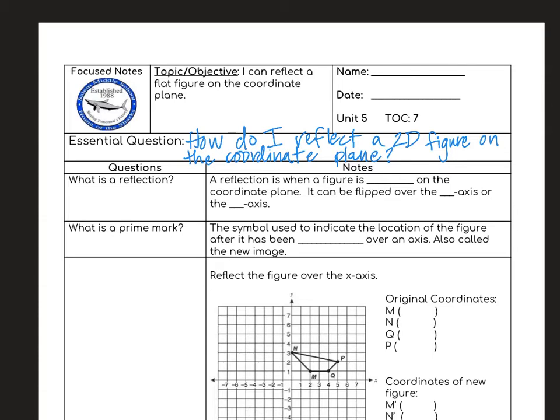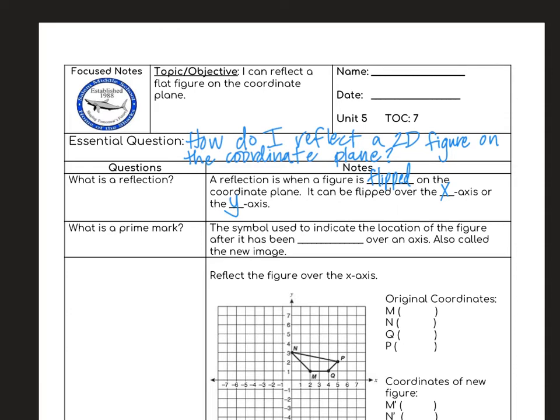All right, so a reflection is when a figure is flipped on the coordinate plane. It can be flipped over the x-axis or the y-axis. And we are going to use prime marks to show whenever there has been a reflection.